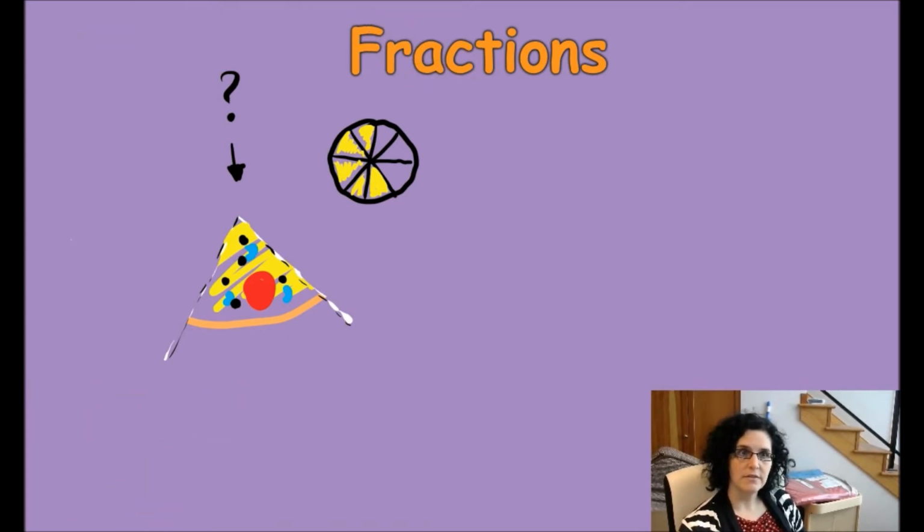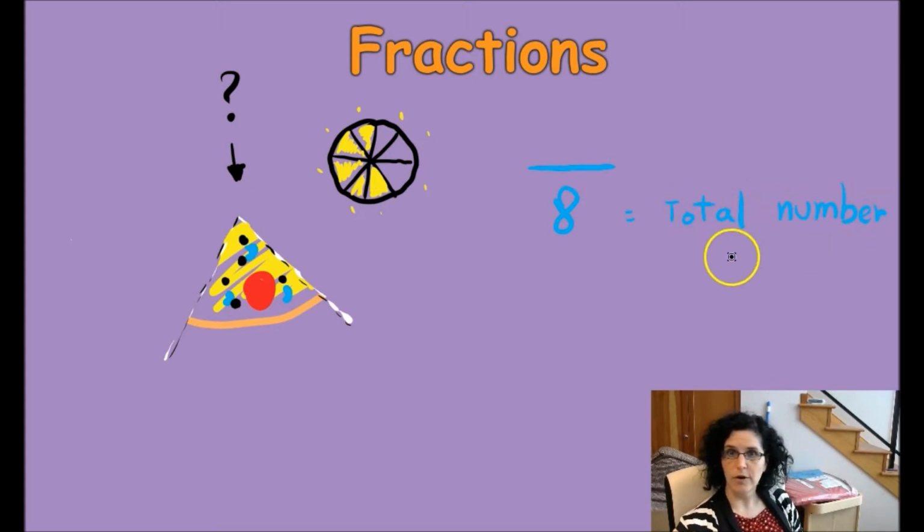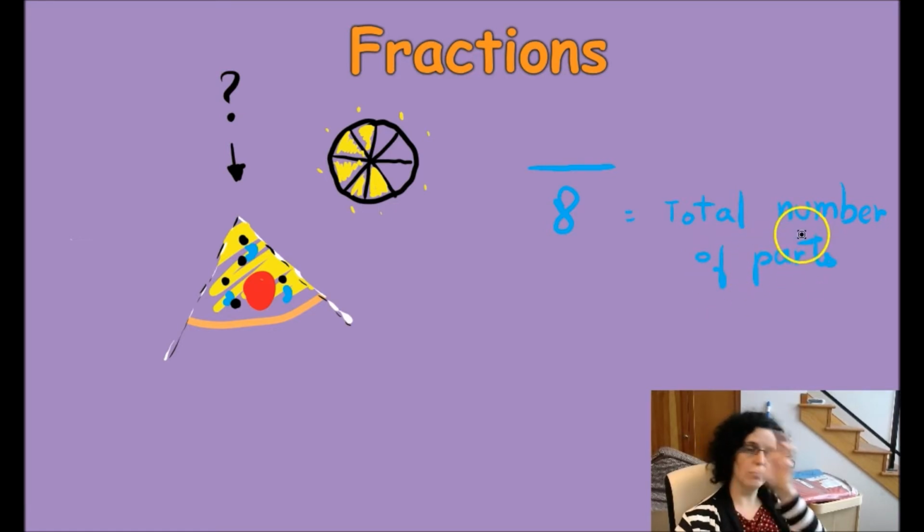This object is divided into 1, 2, 3, 4, 5, 6, 7, 8. So let's say I have 8, which would be my total number of parts, yeah?